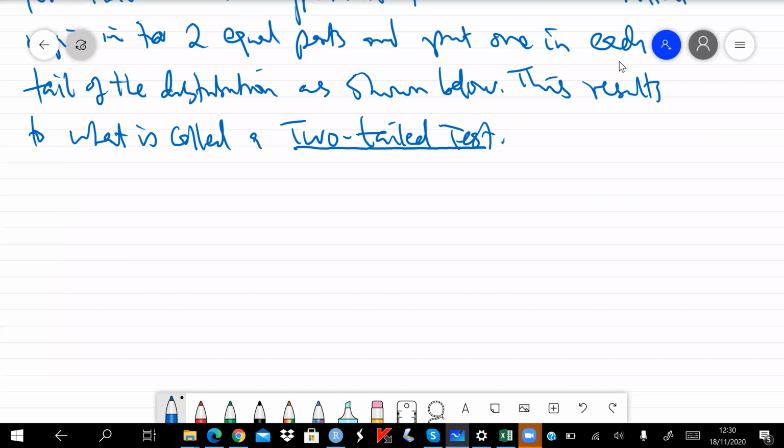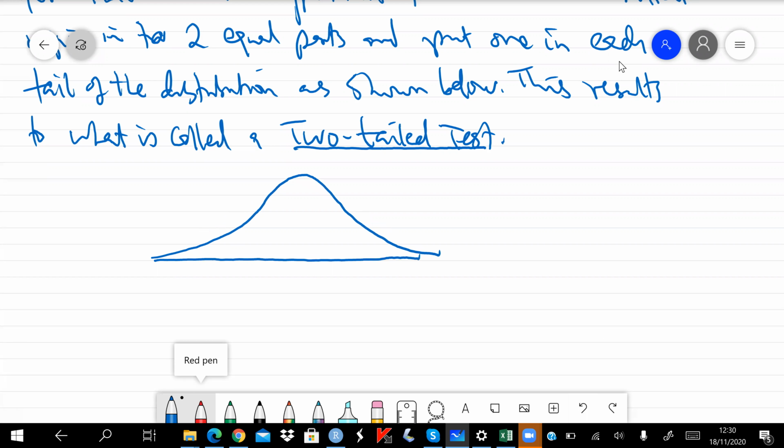This is how you define your critical region if your alternative hypothesis is like shown above. You put the critical region on both tails. You divide the critical region into two, and you put half on each tail. So this is alpha over 2, and this is alpha over 2.